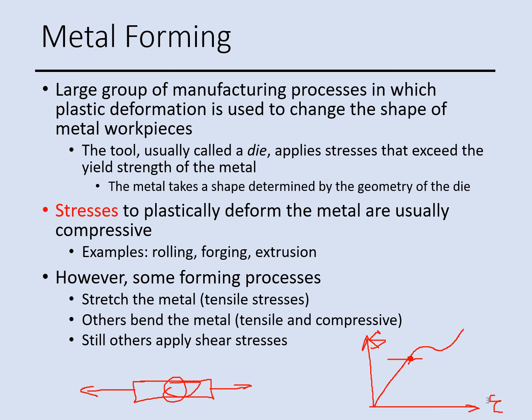Some metal forming uses compressive stress, like rolling, forging, and extrusion. And some other forming processes use tensile stress, like cutting or drawing. These are some of the processes in which we use tensile stress to deform material.